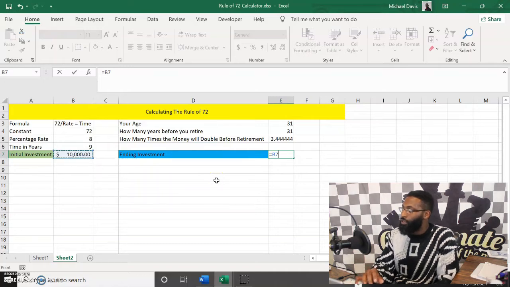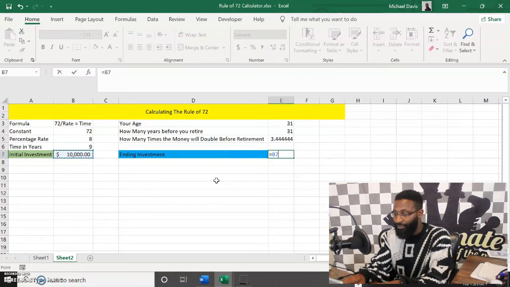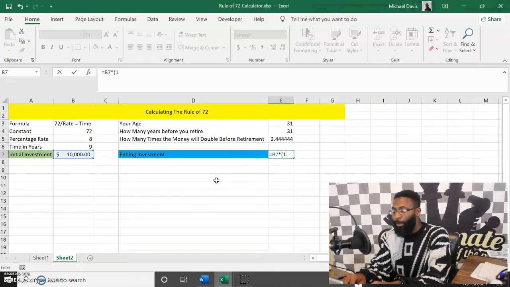Okay. Now, this is going to have to be multiplied. That is the actual exponential formula if I'm remembering correctly. So you're going to need 1 to represent the whole number, which is 100%, because we're not trying to lose money, so we're talking about the actual gain.